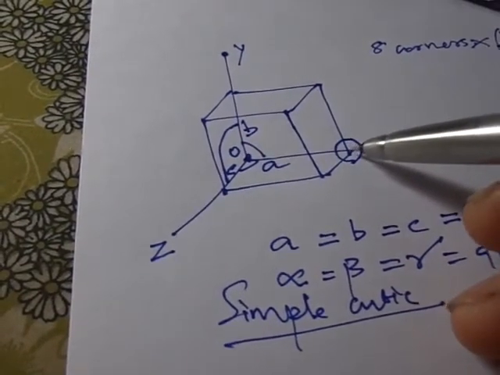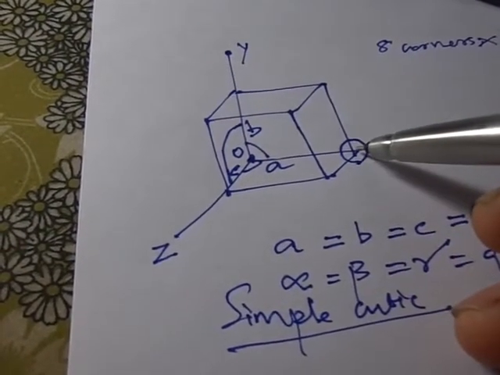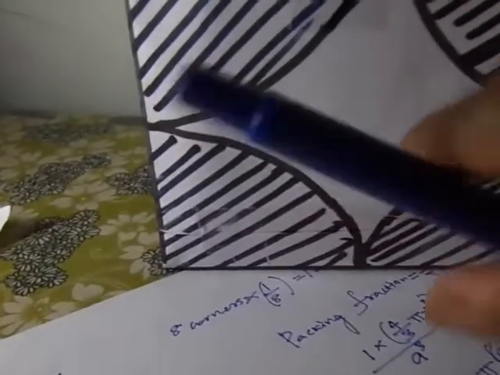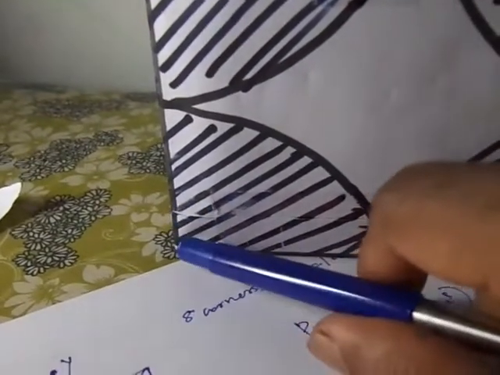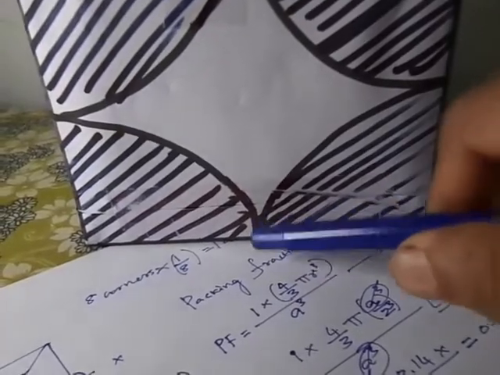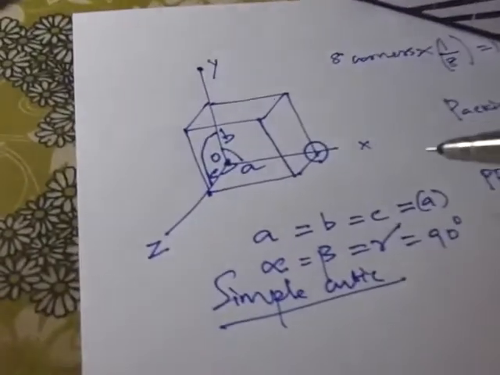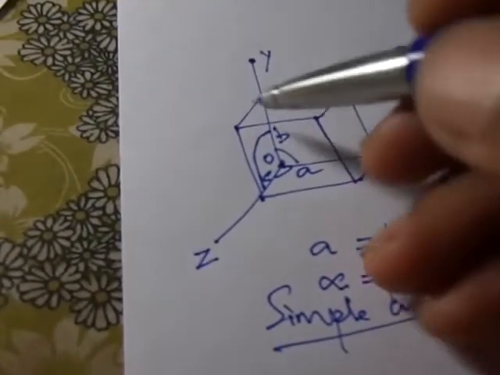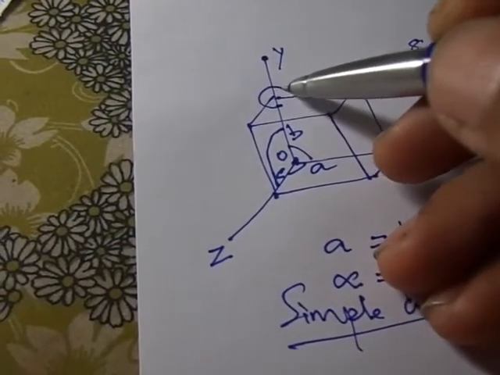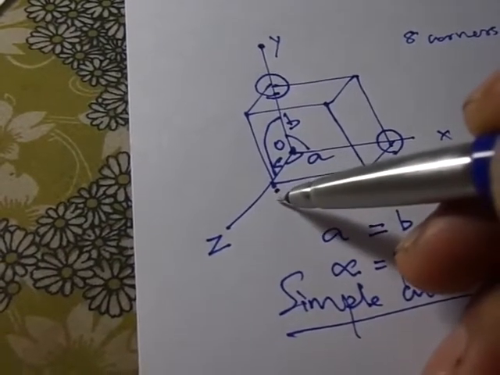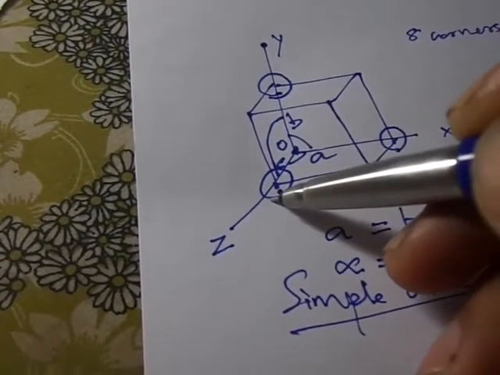This atom in the next corner in the x-axis is a neighbor, touching it, and the next neighbor is over this corner, it is in y-axis, and similarly in z-axis.